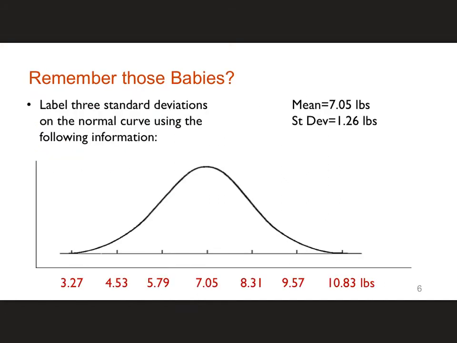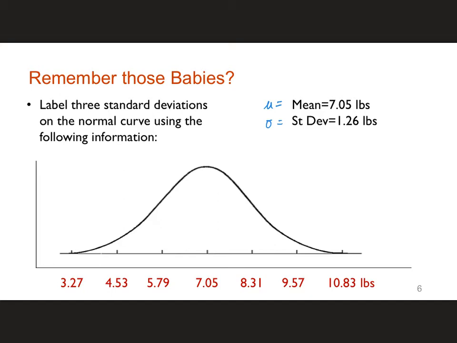Okay, so now let's look at some examples. This example is based on the example from the frequency table. We saw the example on the weight of babies. So in this case, we have our mean, which is mu, to be 7.05, and our standard deviation, which is sigma, to be 1.26.